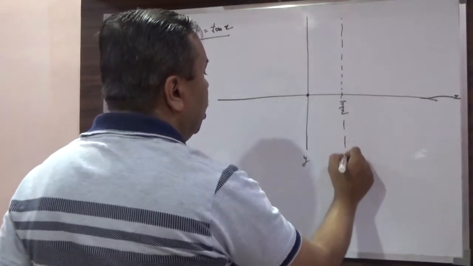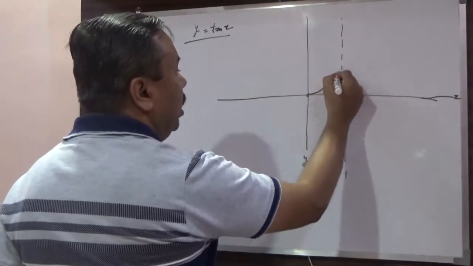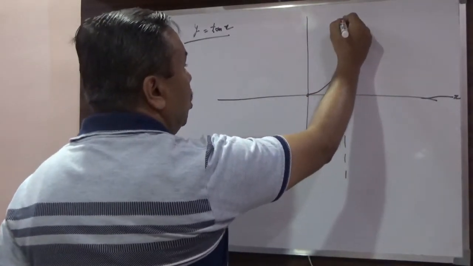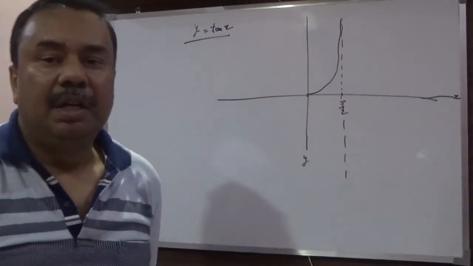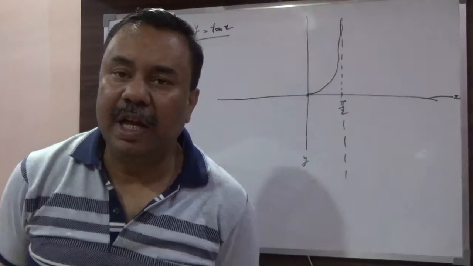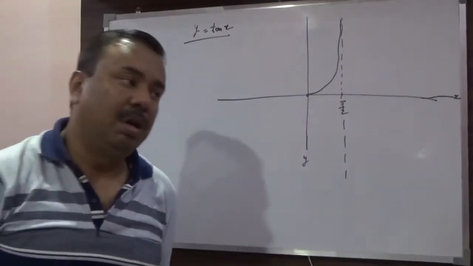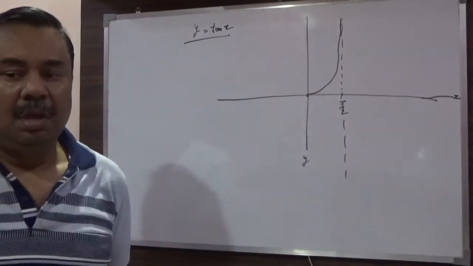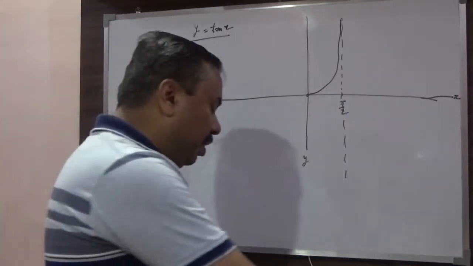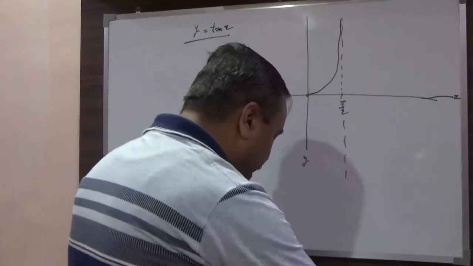You must remember, it kept on increasing and it never touched this value. That's why we have said that the value of tan pi by 2, or the value of tan 90 degrees, is not defined.